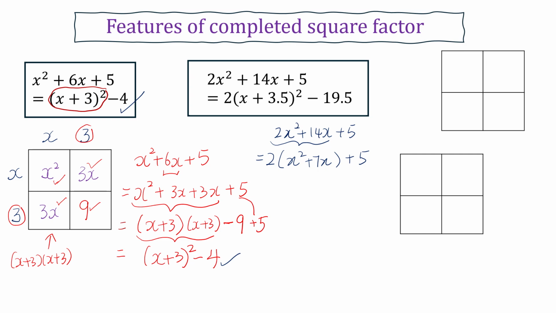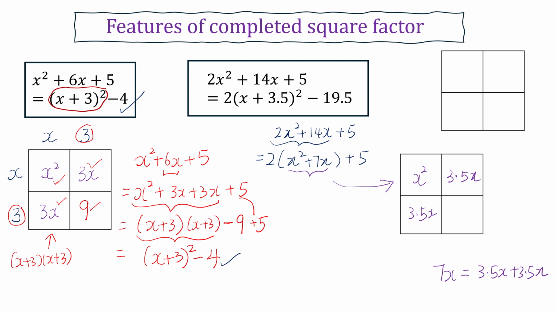So we just bring it along as a number that we have to take along. All right, so now our job is to put this x squared guy into this box here, which we can do by having x squared and then 3.5x and 3.5x, because 7x can be rewritten as 3.5x plus 3.5x.